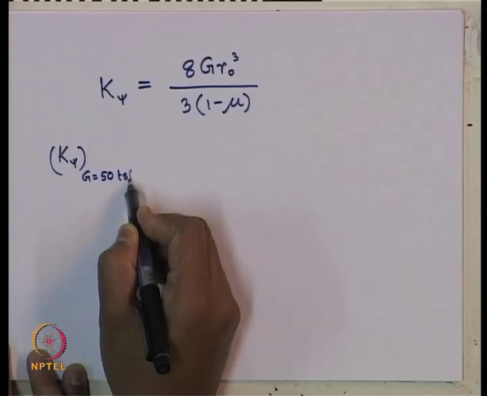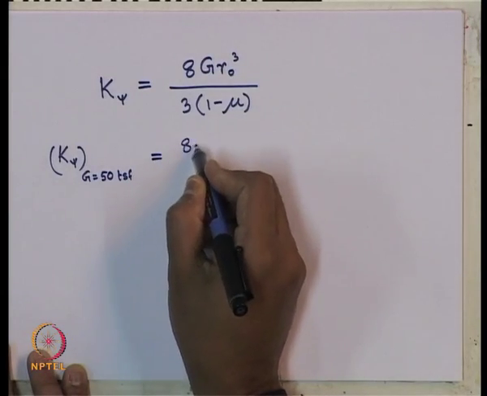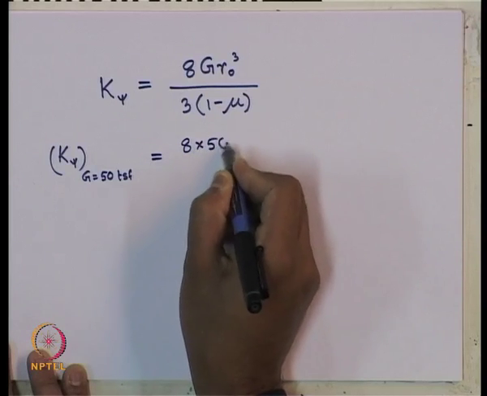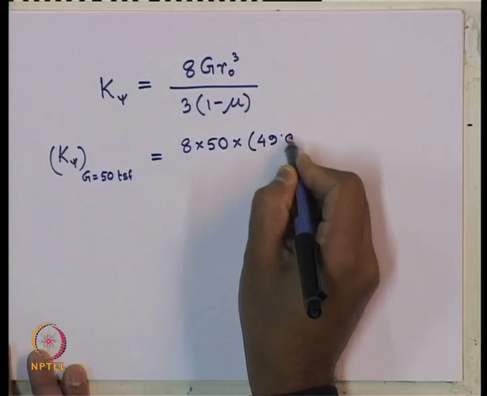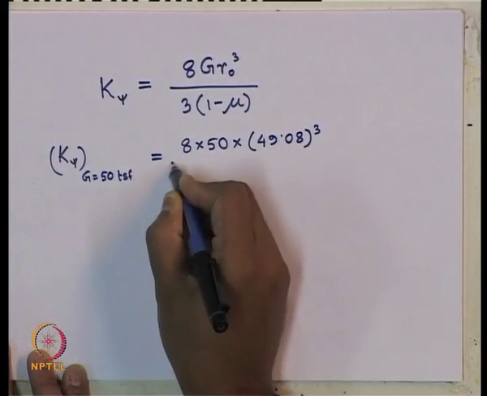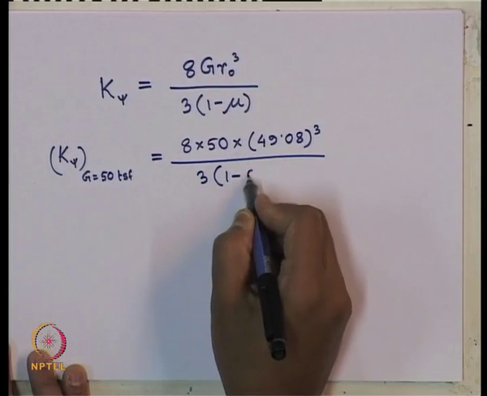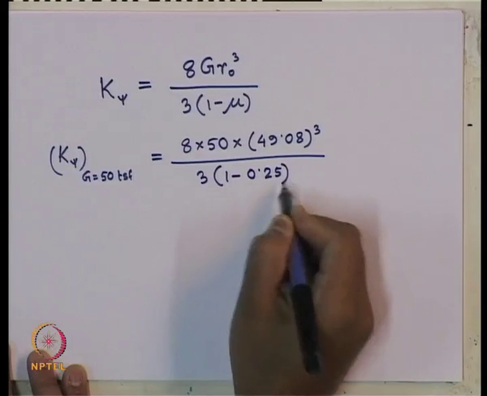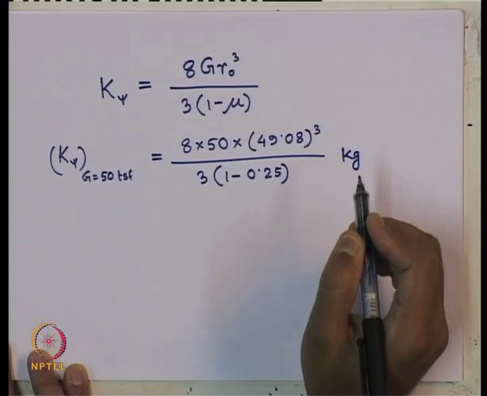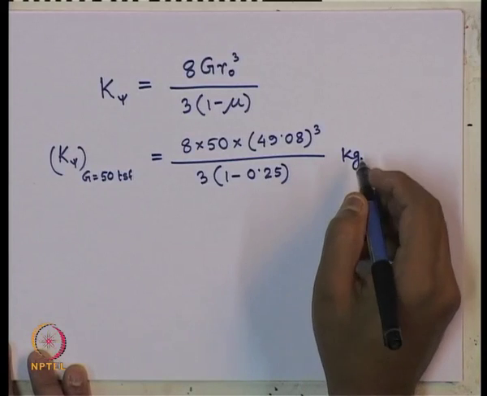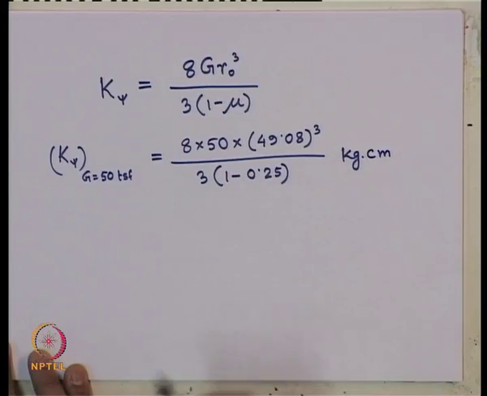for this 50 TSF, how much we are getting? 8 into 50 into r naught, just now we have computed 49.08, divided by 3 into 1 minus Poisson's ratio, which is given as 0.25. So much of, what should be the unit? Unit is kg centimeter.